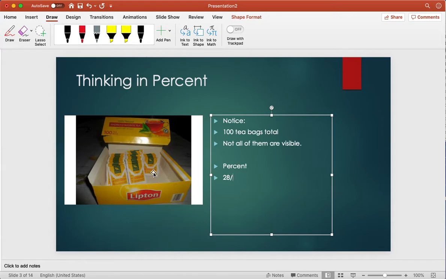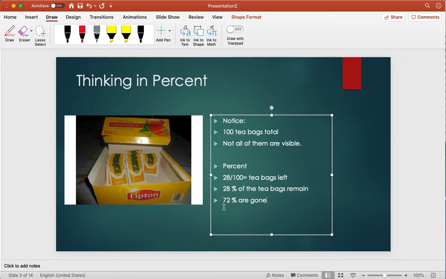Now you might have a different number, and that's okay. But let's say there's 28 out of 100 tea bags left, so once again that means 28 per 100. So 28% of the tea bags remain. Conversely, that means 72% are gone.